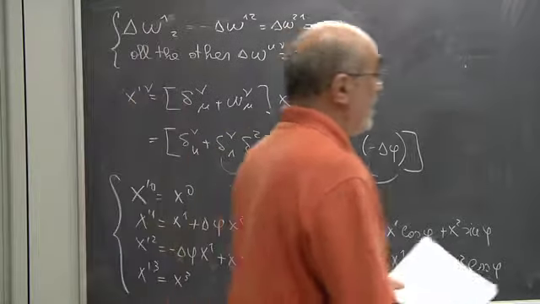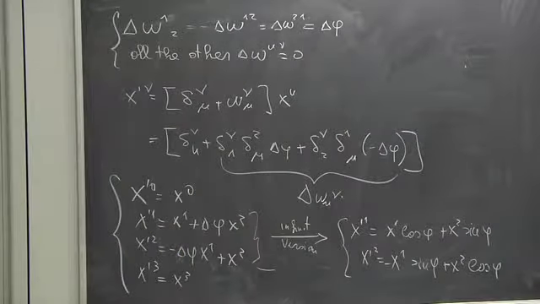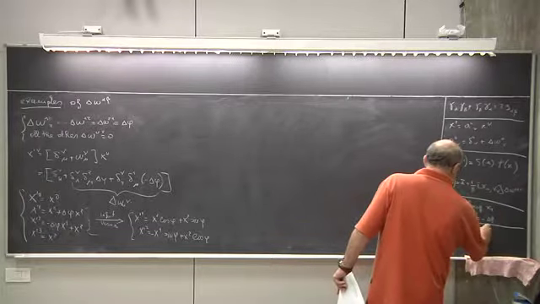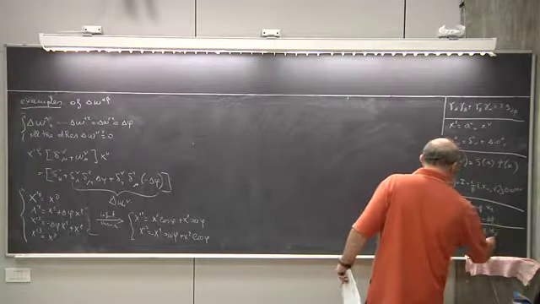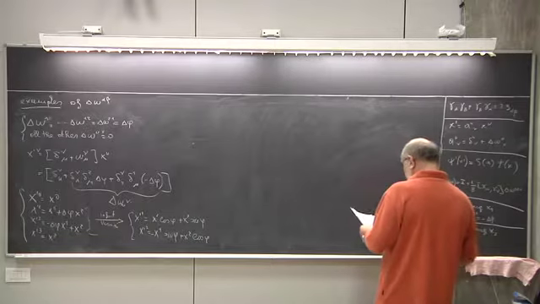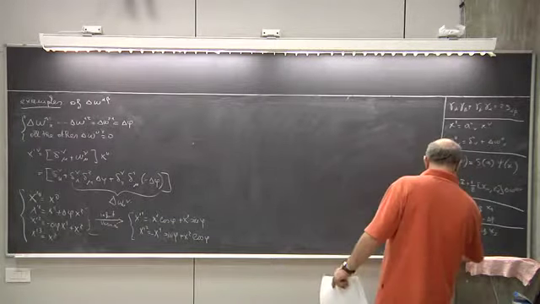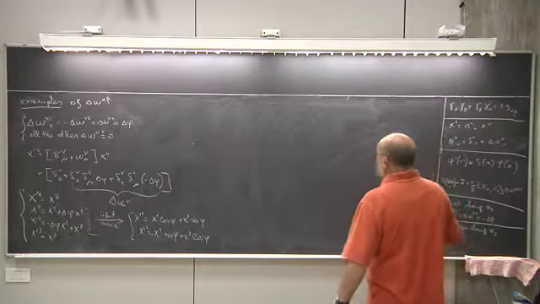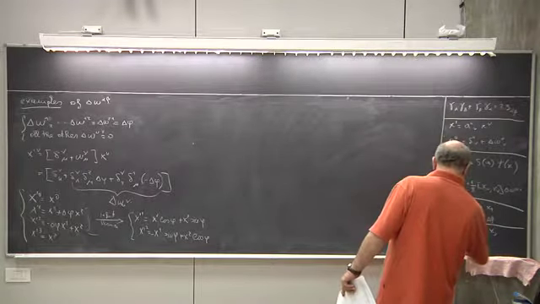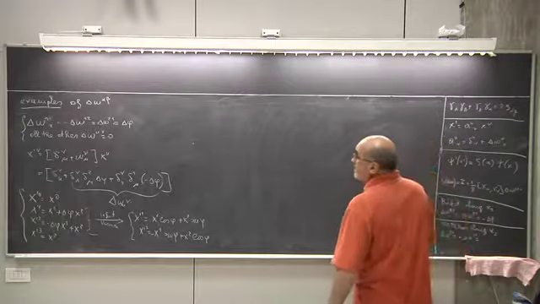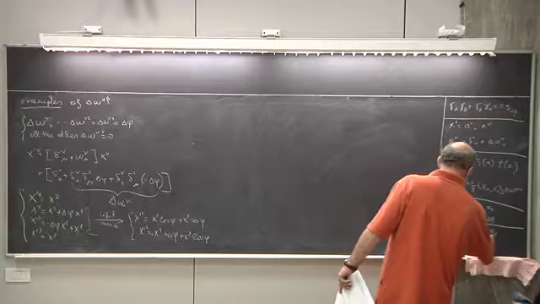So we have found the rotation along x3 over the parameter rotation along x3. The parameters are delta omega 2, 1 is equal to minus delta omega 1, 2, and is equal to delta phi.